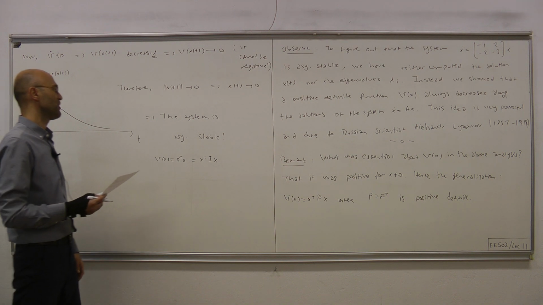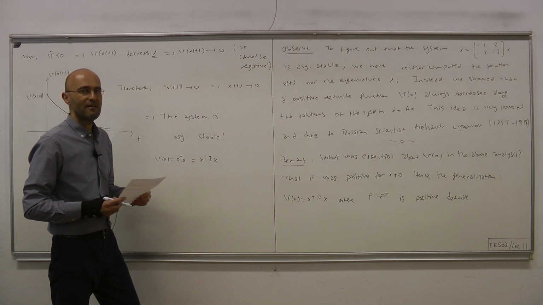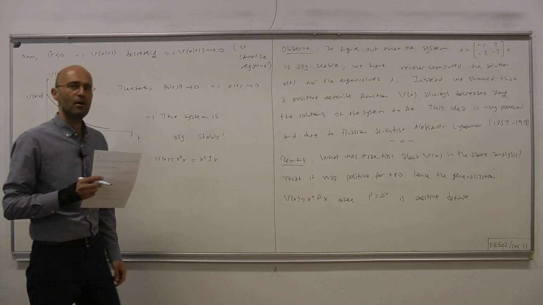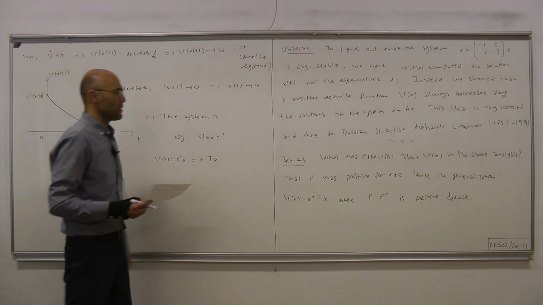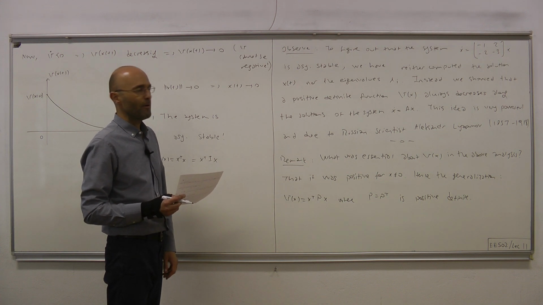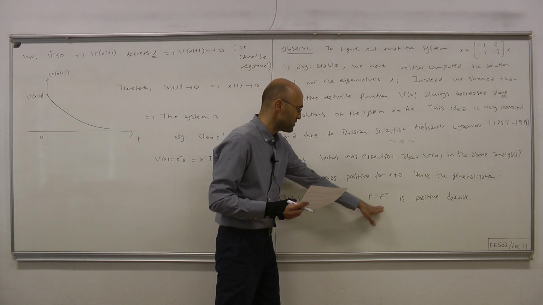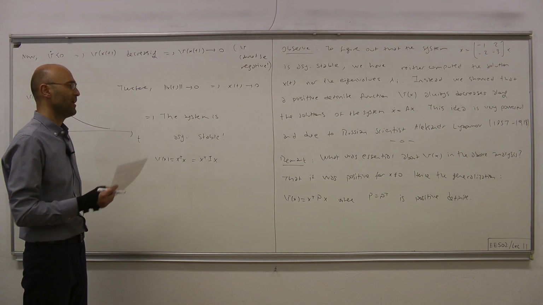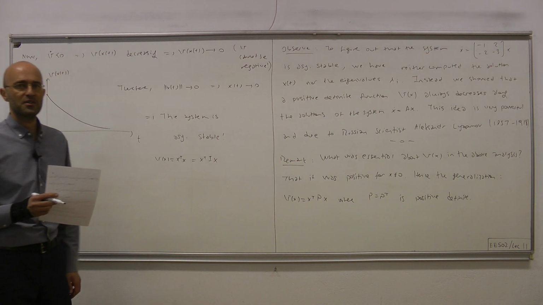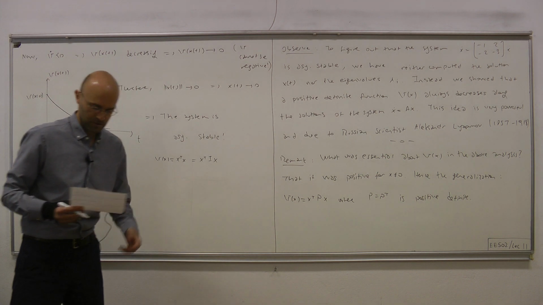That result will eventually be formalized into the Lyapunov stability theorem, which we will soon start talking about. But before that, since it heavily depends on positive definite matrices, let's quickly review some key properties of such matrices.